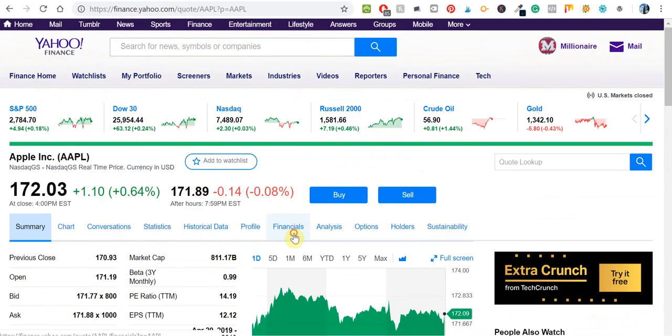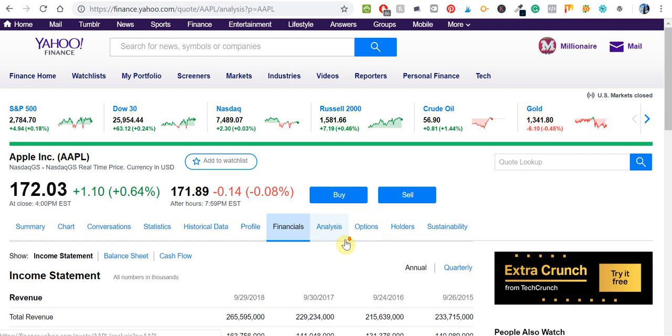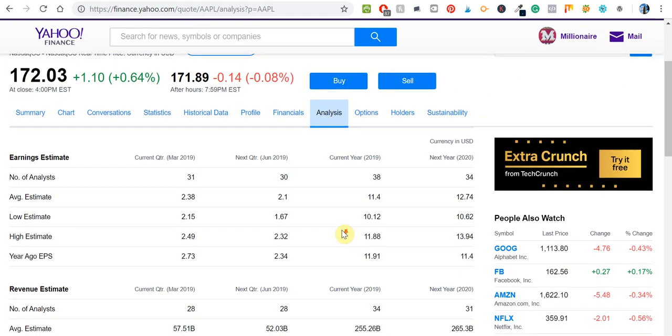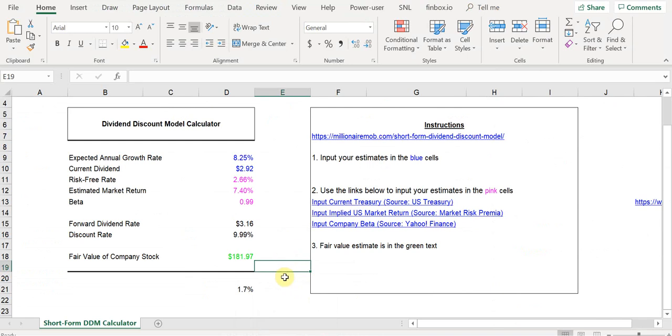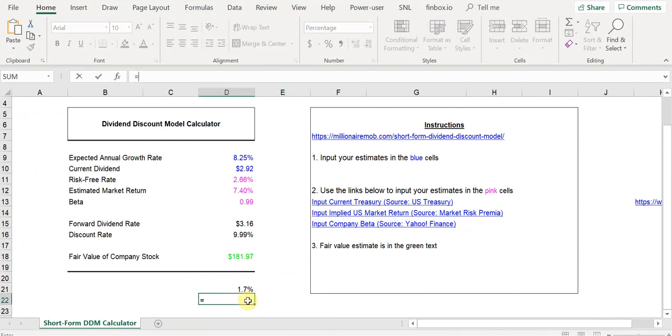Let's dig in just a little bit more in terms of the financials themselves. So current year EPS is at 11.4, I'm sorry. So 11.4 would imply the payout ratio is 25.6%.